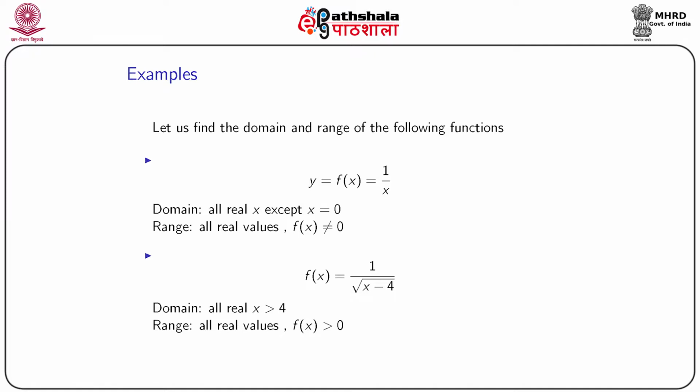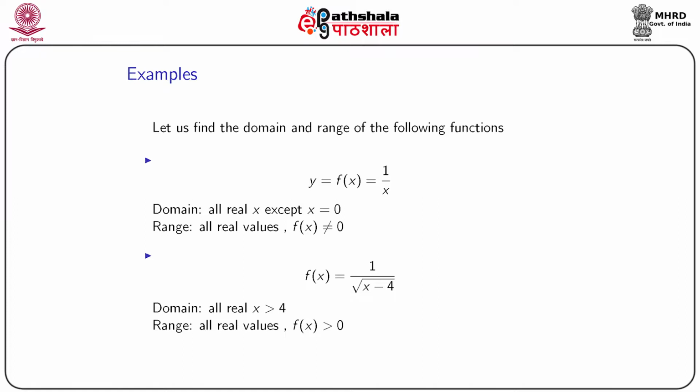So whenever I am talking about a real valued function, then I need my square root element to be non-negative. To achieve this, I need the condition that x must be greater than 4. If x is greater than 4, that means square root of x minus 4 will result in a real value. So domain will be all real x greater than 4.